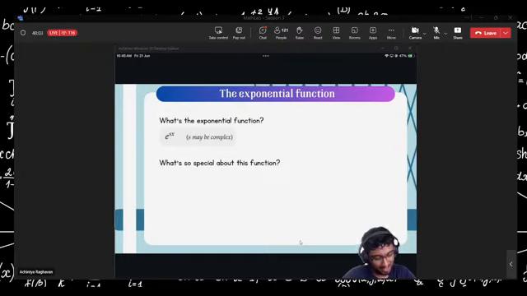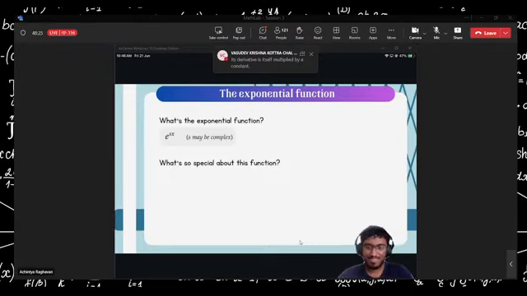So why is it so special? Okay, first of all, let's have you guys guess. Why does e power sx appear in differential equation solutions? Who answered this?